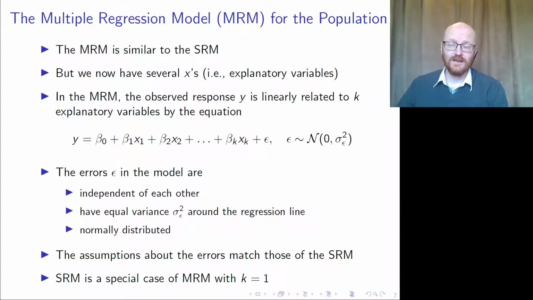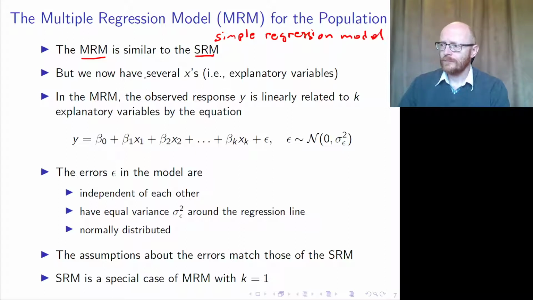So already you have noticed some similarities between the multiple regression model and the simple regression model. The only difference so far is that now we have several explanatory variables instead of only one.